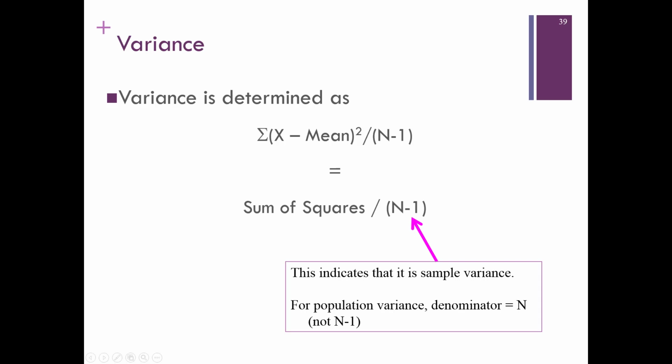To calculate the variance for the population, you would use the denominator of n, not n-1, which makes an adjustment for the fact that you have a sample that estimates the population variance. So those are the two forms of variance. There's a sample variance for if you have just a sample of the entire population, and a population variance in case you have everybody in that population within your data set.